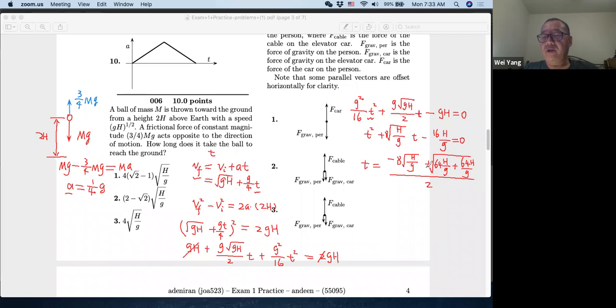This one has plus minus, right? But t cannot be a negative number, so the negative is meaningless. We only need to choose the positive.